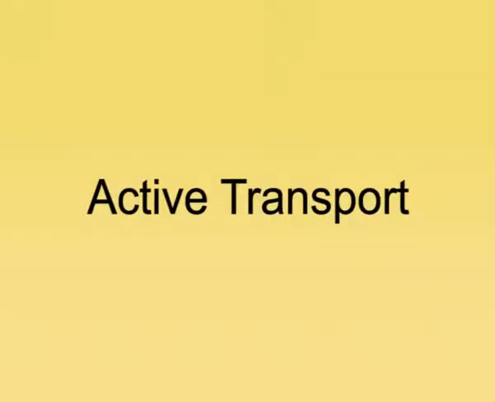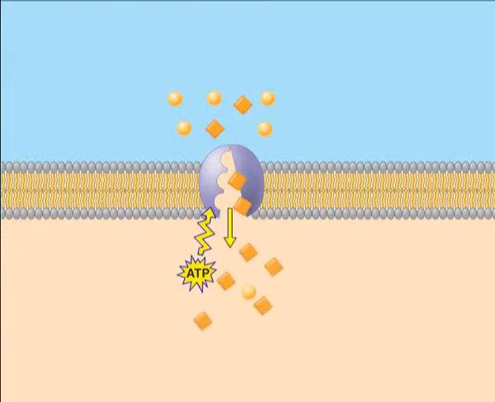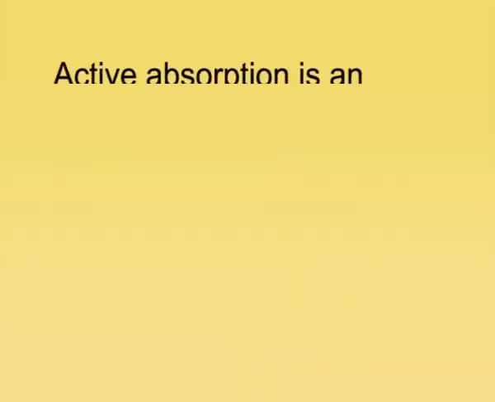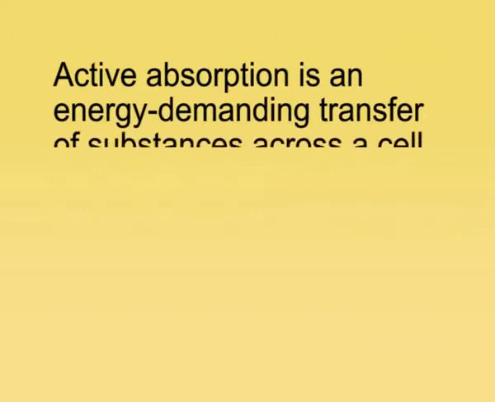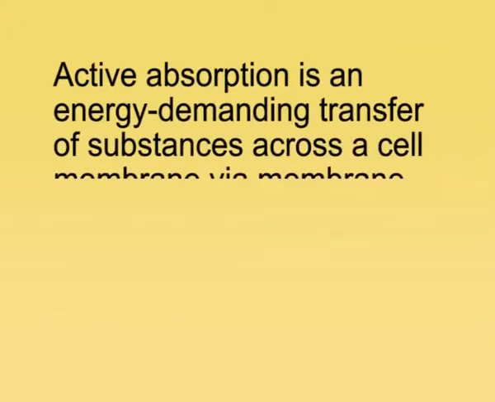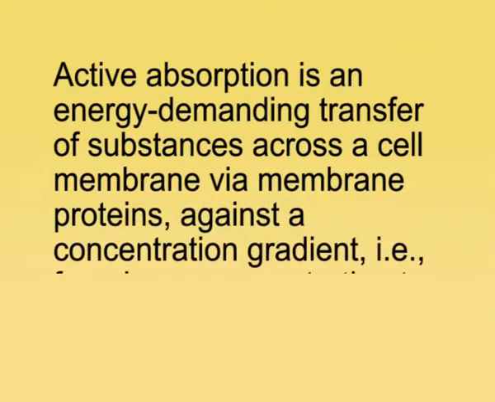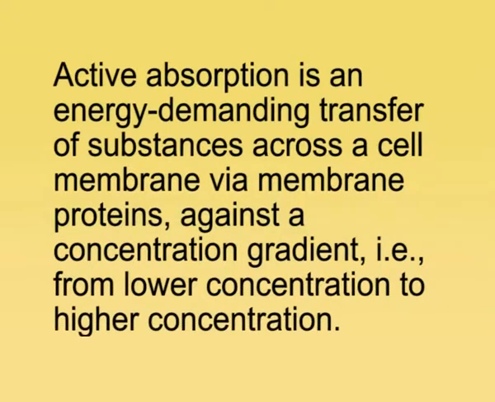Active transport is said to take place when a cell uses energy to transport substances. So, active absorption is an energy-demanding transfer of substances across a cell membrane via membrane proteins against a concentration gradient, that is, from lower concentration to higher concentration.